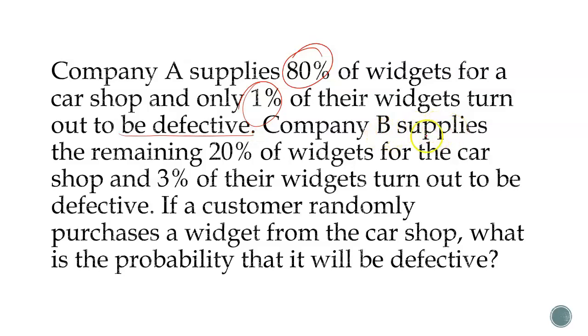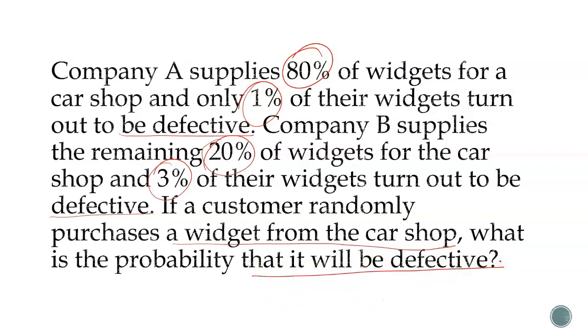Company B supplies the remaining 20% of the widgets for the car shop, and 3% of their widgets turn out to be defective. If a customer randomly purchases a widget from the car shop, what is the probability that the item picked will be defective?